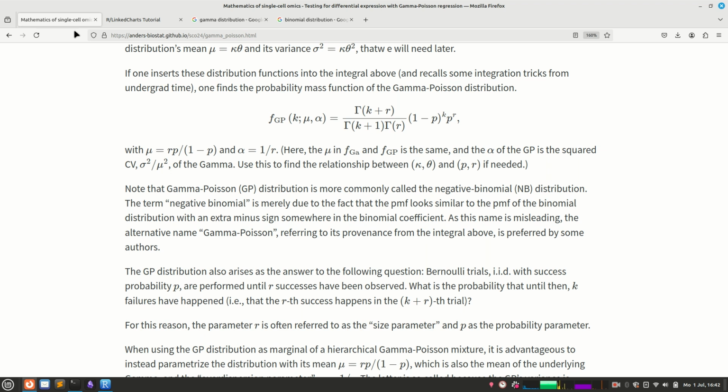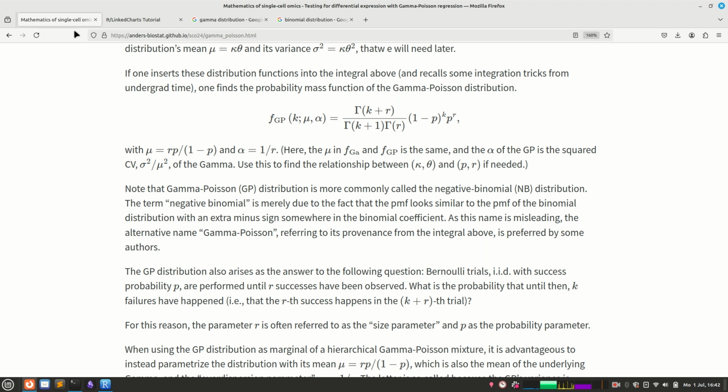And you could also ask a so-called waiting time question, where you ask, if you want to see exactly k successes, what is the probability that you will see q failures until you have seen your k successes?